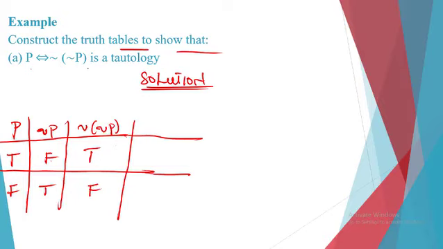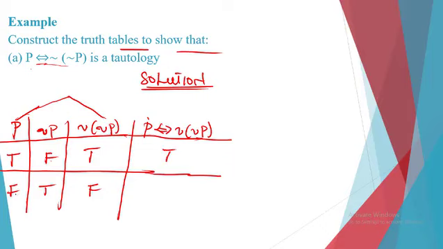Then we have the last one, which is P implying negation of negation P. What does that mean? We take the value of P, which is this, and combine it with the value of negation of negation P. If we have T, our answer is T, right?